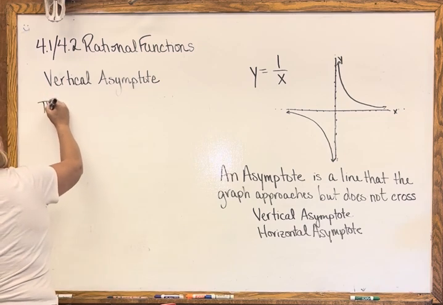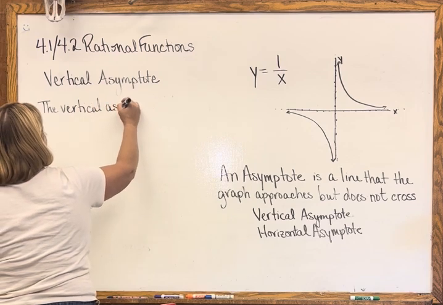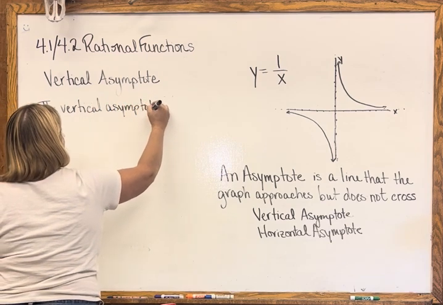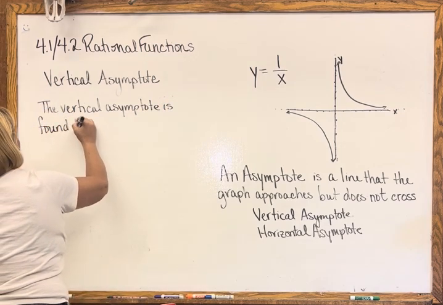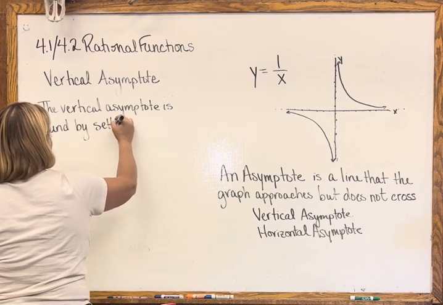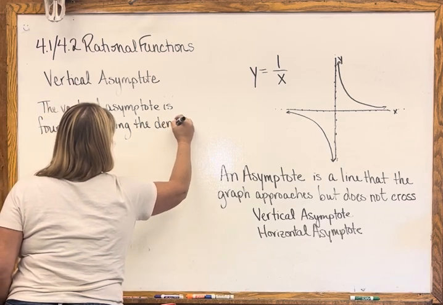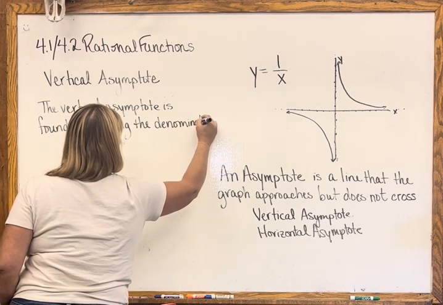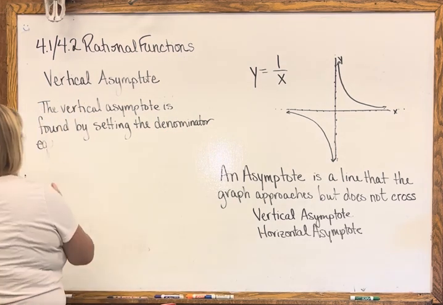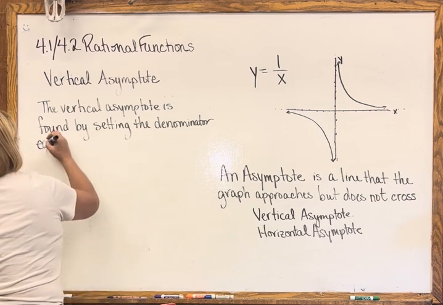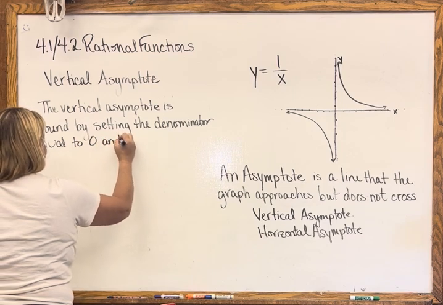So the vertical asymptote is found by setting the denominator equal to 0 and solving.